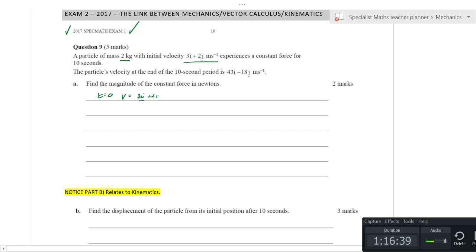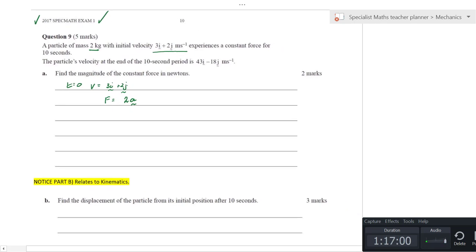Let's write that down, I think we're going to need that for later. It experiences a constant force for 10 seconds. Now, force is equal to ma, so it's 2 times a, like so. The particle's velocity at the end of the 10 seconds is equal to this.